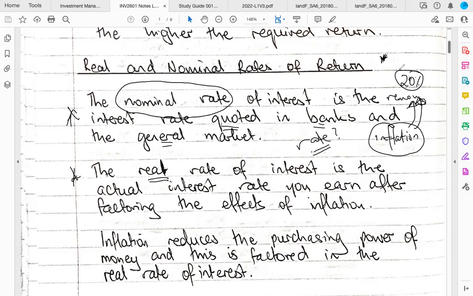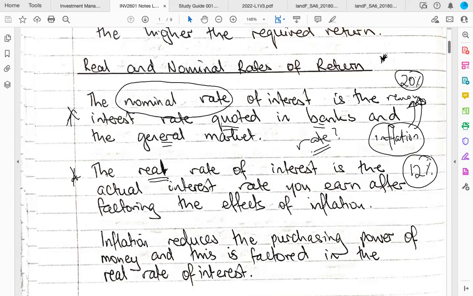For example, a bank or an investment might say, we can give you a 20% return on your money, but after you take inflation into account and the erosion of purchasing power of money, you might find that you only end up with an actual return of 12%. So it means that maybe 8% of the funds have been eaten away by inflation.